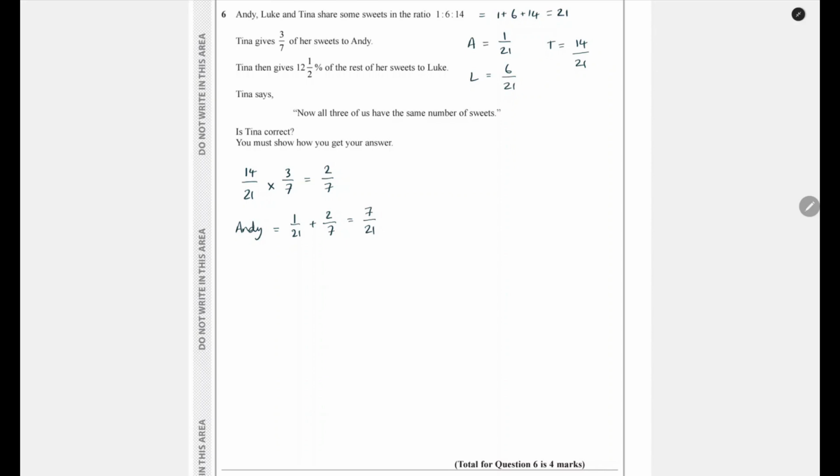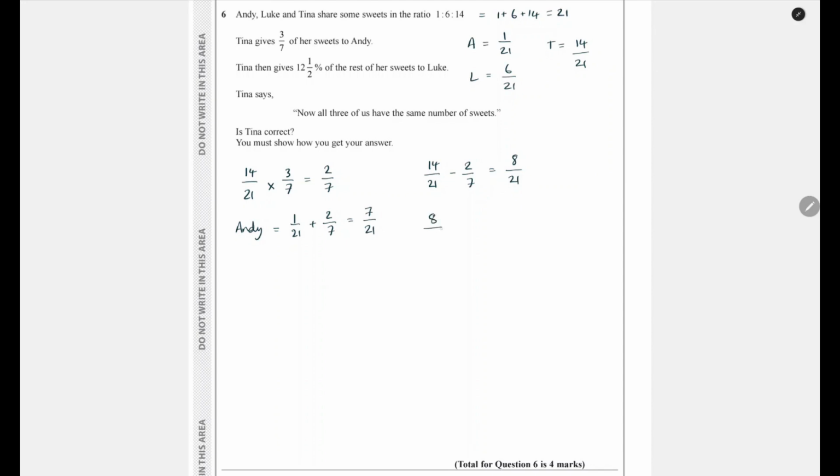Tina's lost the 2/7, and so her remaining is 14/21 minus 2/7, and that's 8/21 remaining. She then gives 12.5% to Luke.